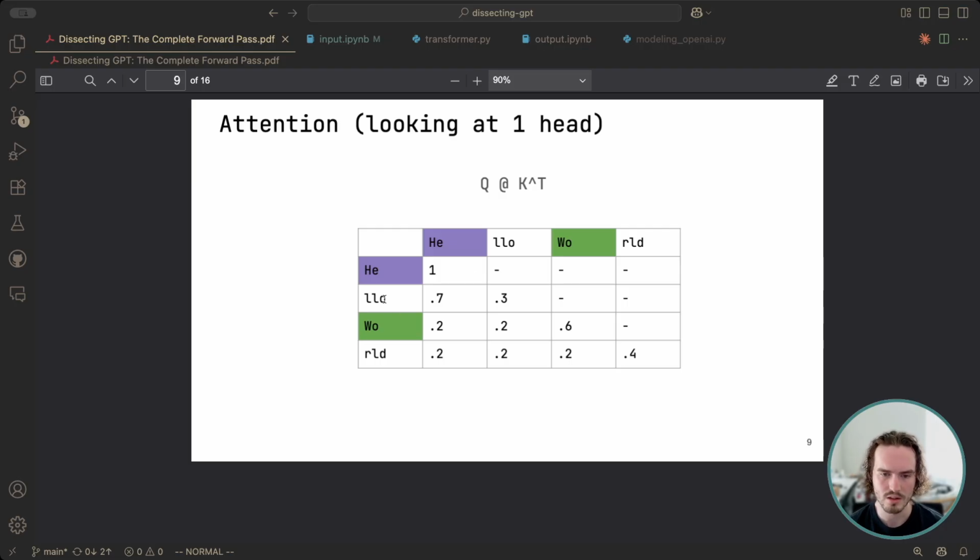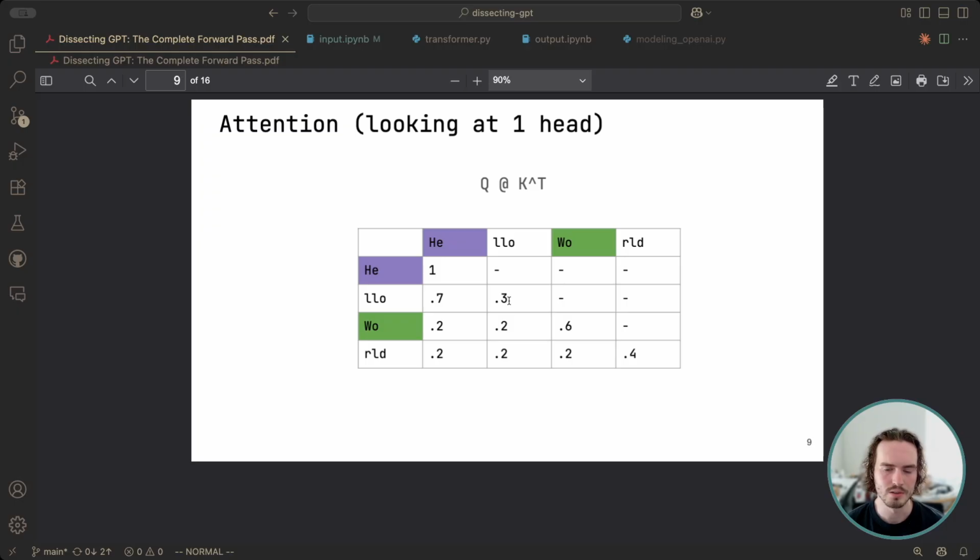But then we get to the "low" token, and so it can look back and see this "he" token, and then it's able to contextualize its representation in terms of that "he" token as well.